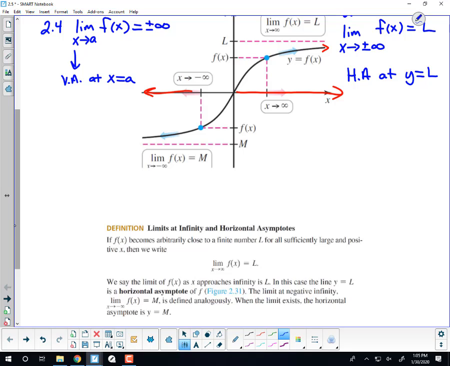I think it's a very logical way to define a horizontal asymptote. If you were trying to define to someone what a horizontal asymptote is, you could explain in words what it is. As far as an algebraic interpretation, we said, here's this rational function, where's the horizontal asymptote?